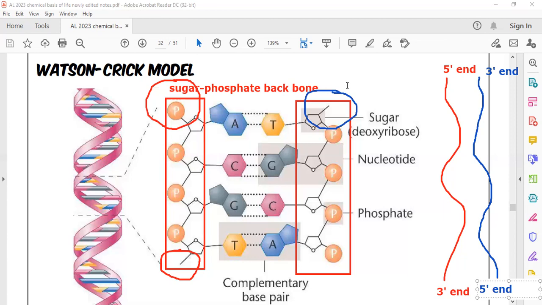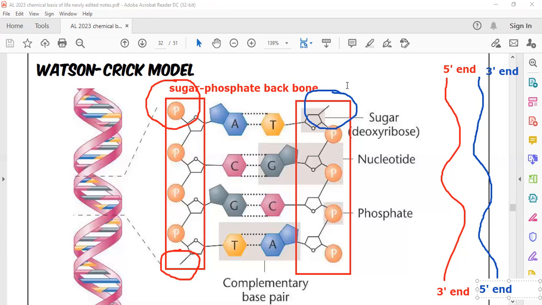Good. And this nature is called anti-parallel nature. Anti-parallel. We use that word, my children. Okay, so it's a helical structure, two chains.